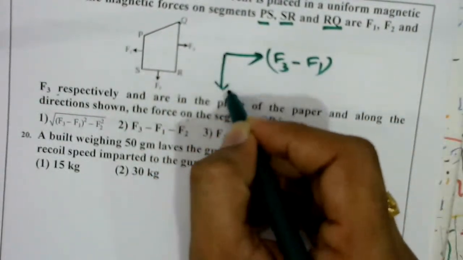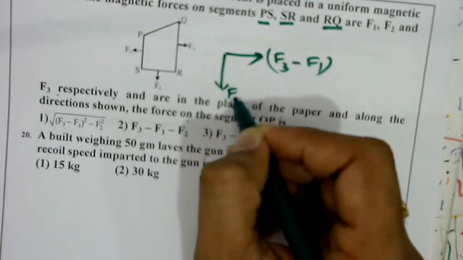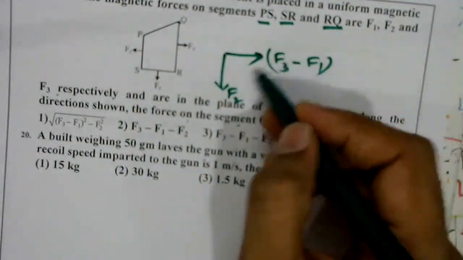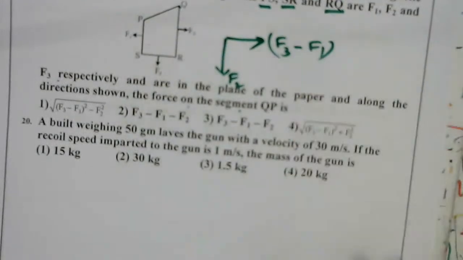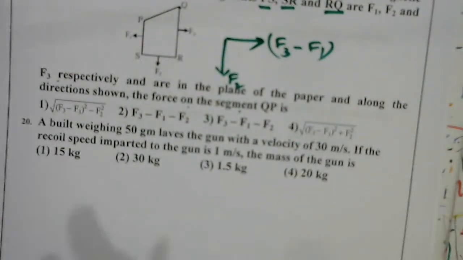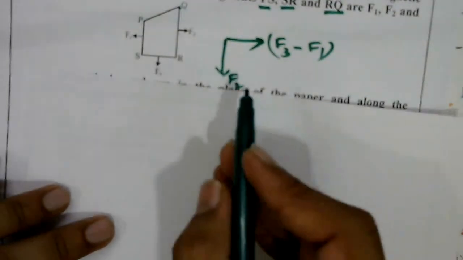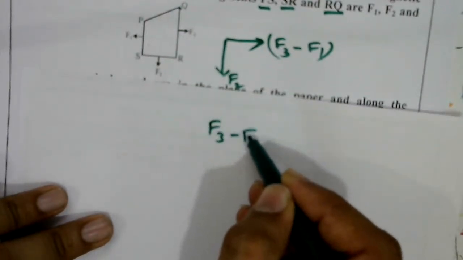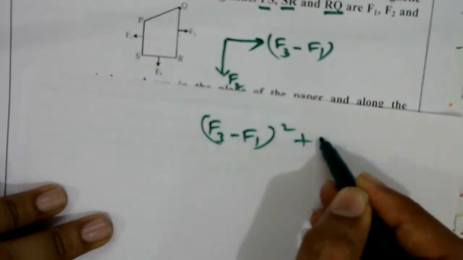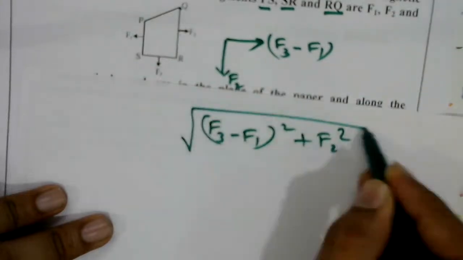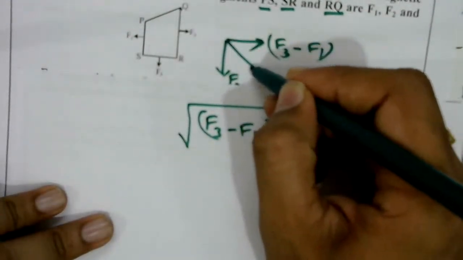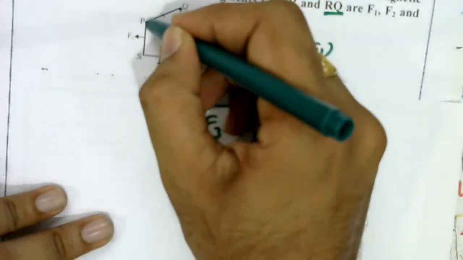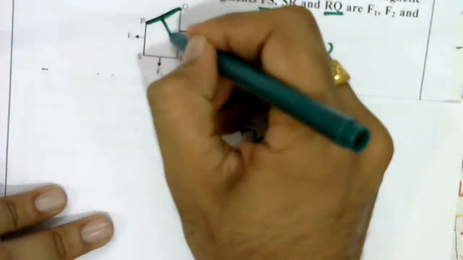F2 is in which direction that is acting? That is F2 in this direction. The resultant of these two we can write. Both are perpendicular, means square root of F3 minus F1 whole square plus F2 square. This will be in this direction. This much net force will act on this segment PQ like this.